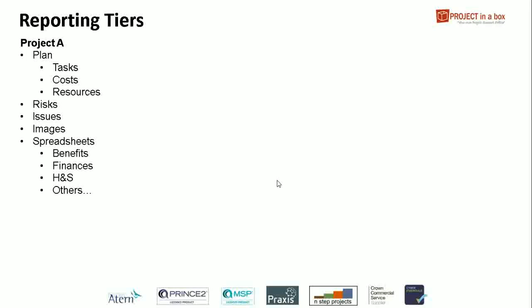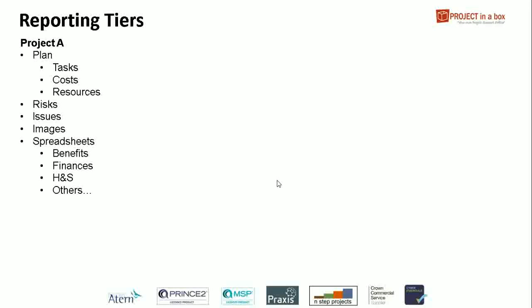Now spreadsheets sometimes have a bit of a poor reputation, but that's because people don't manage them in a sufficiently controlled way. So normally when we're dealing with spreadsheets, they will be templates in your method, and they will then have locked down sections in them that people can edit content, add content, and other sections which will prepare and package data for the main system.